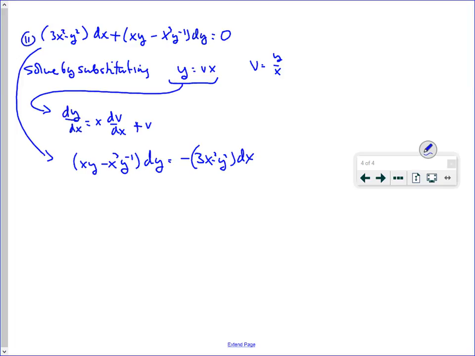So solve for dy/dx. That means I'll get the dx over here.